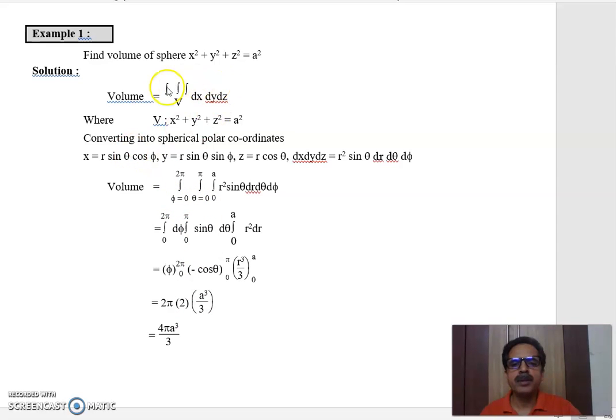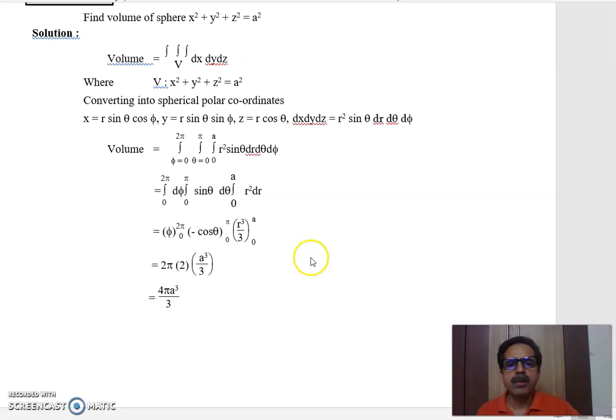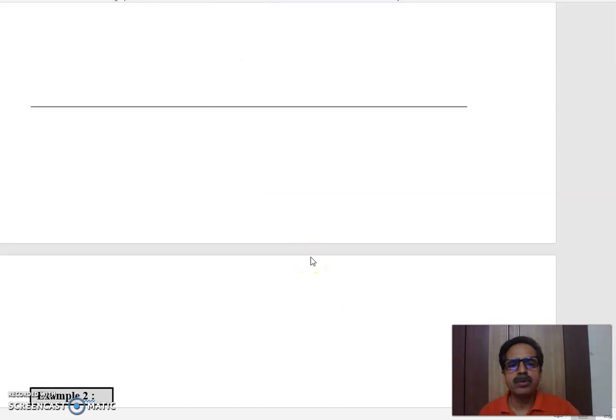We are transforming this triple integral into a spherical polar coordinate integral, and for the complete sphere we have standard limits. Limit of r 0 to a, limit of theta 0 to pi, and limit of phi 0 to 2 pi. This I have already taught in my second video on triple integral. Let's go to the next problem.